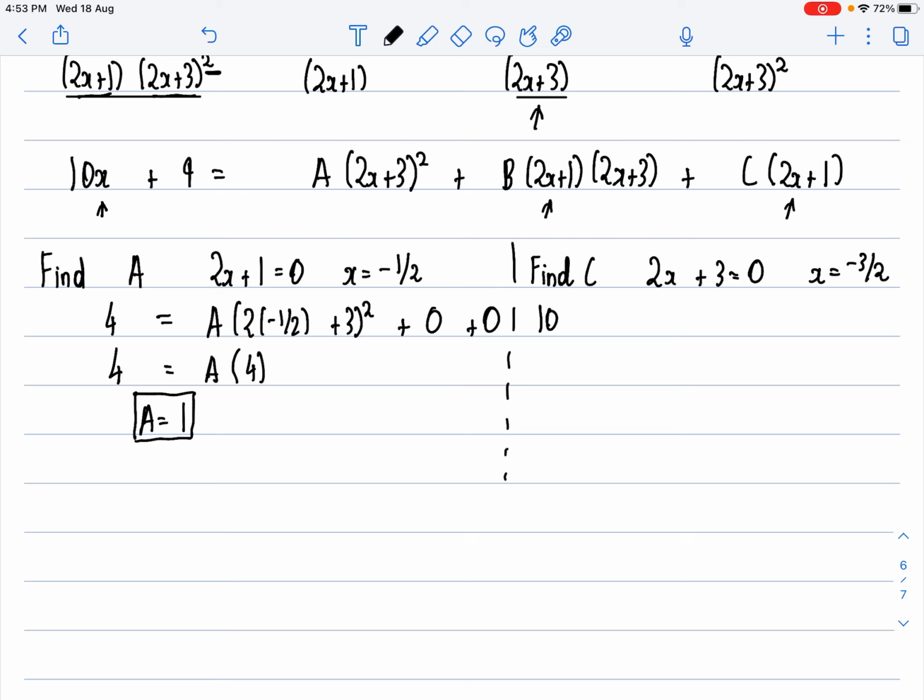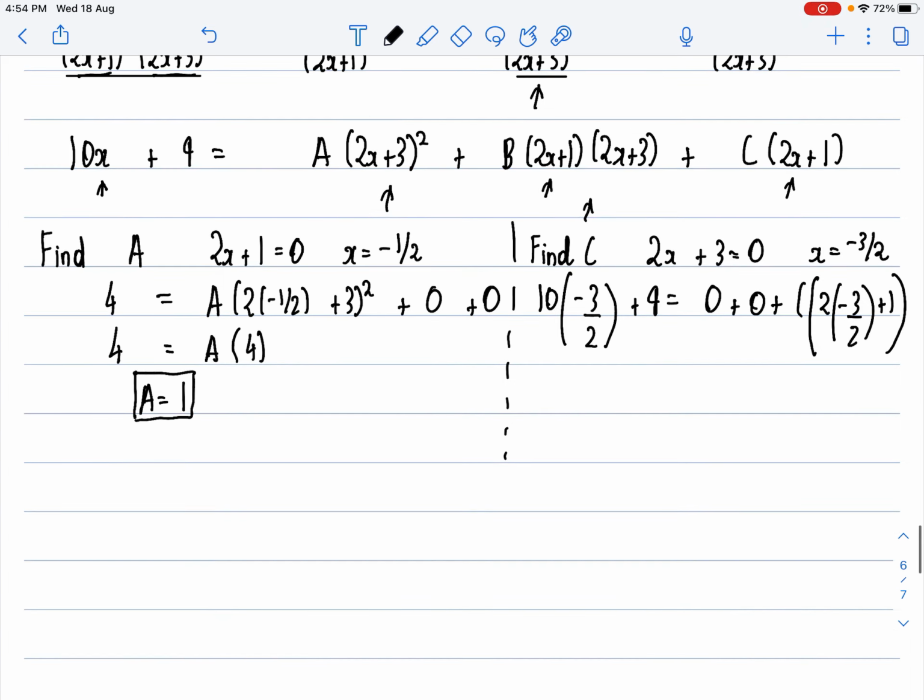So I basically get 10 into minus 3 over 2 plus 9, which is equal to, I get a 0 here obviously and a 0 here. So I get 0 plus 0 plus c into 2 into minus 3 by 2 plus 1, correct? This is what I basically get.